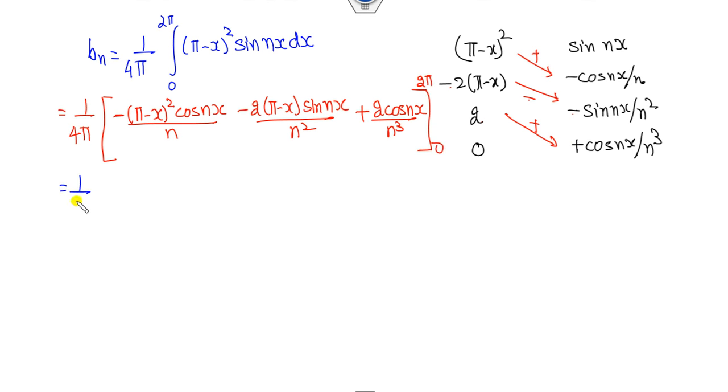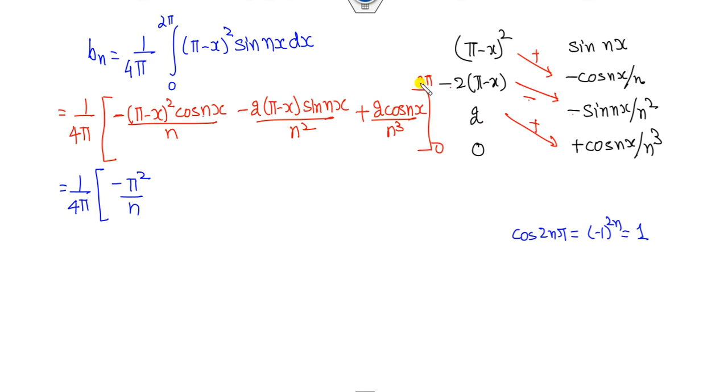Now I can substitute the upper limit. When it is 2 pi, cos 2n pi is minus 1 raised to power 2n, which is always 1. And when I substitute 2 pi, pi minus 2 pi is minus pi, square is plus pi square over n.